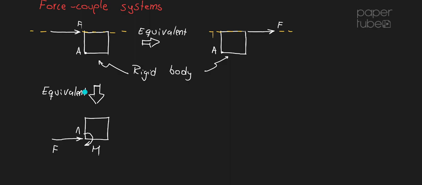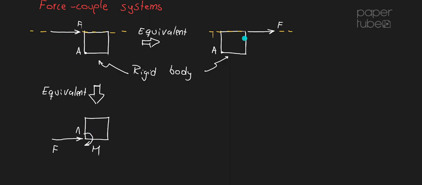Okay, so if you're sliding the force in the line of action, no problem, you can slide it. If you're doing something that is not in the line of action, you're moving it, then you're going to have to add a moment to that force, and that is a force coupled system, right? This moment can also be a couple, right?